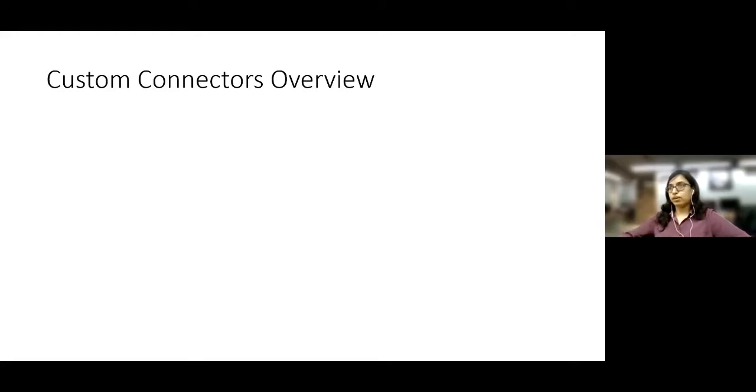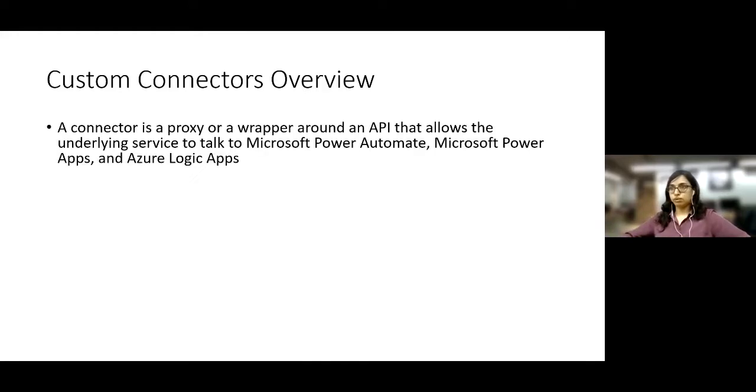All right, so custom connectors overview. So what is a connector? In Power Automate or Power Apps or Azure Logic Apps, what is a connector? A connector is like a wrapper around an API. So in short, it is an API which runs in your tool, whether it is Power Automate, Power Apps, or Azure Logic Apps.